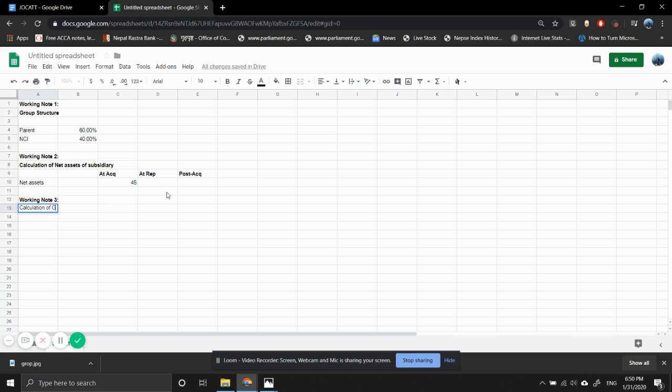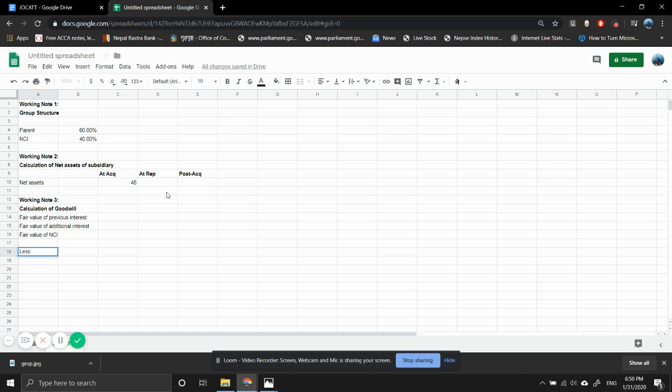Calculation of goodwill: fair value of previous interest, fair value of additional interest, and then fair value of NCI, okay?